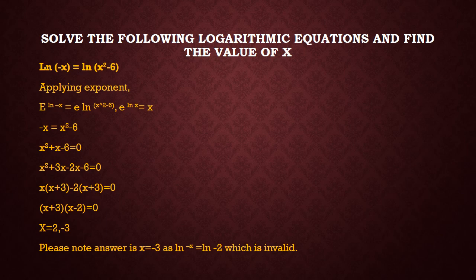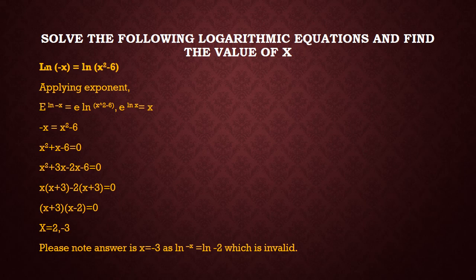Let's solve this equation. ln of minus x is equal to ln of x square minus 6. Applying exponent, this becomes e to the ln of minus x is equal to e to the ln of x square minus 6. And you know that e to the ln x is equal to x. So this entire equation becomes minus x is equal to x square minus 6.